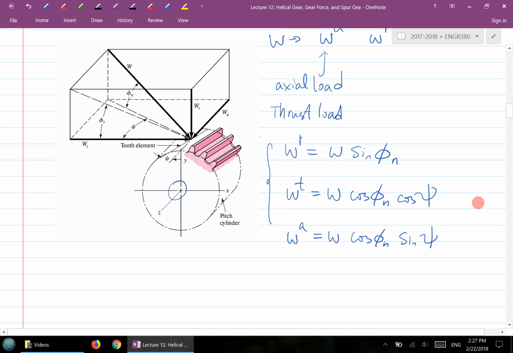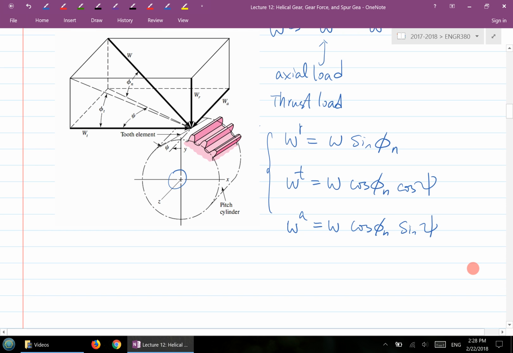In actual situations, when we do calculation, often the procedure is that what you're given is the amount of power. So you're given how much power is required to transmit from one end to the other. Then from the given power, you can calculate your transmitted load WT, based on the design of your gear, of course.